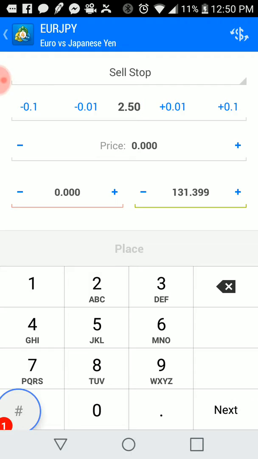So if the bottom is 3100, then 3110 to 3100 is where we're going to go. 3110 to a take profit of 31 flat. All right, and then we will place that order as a sell stop.